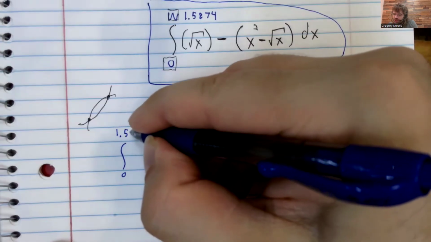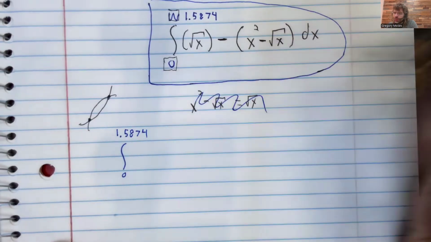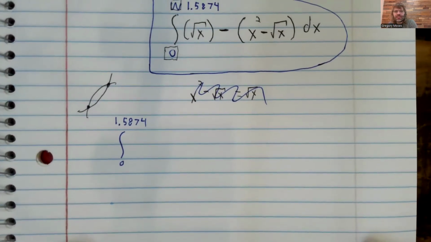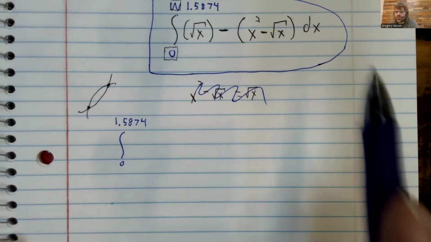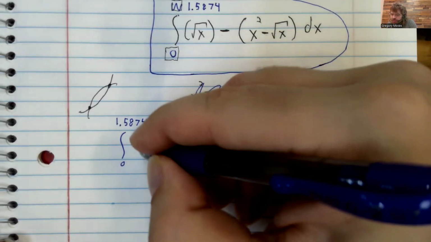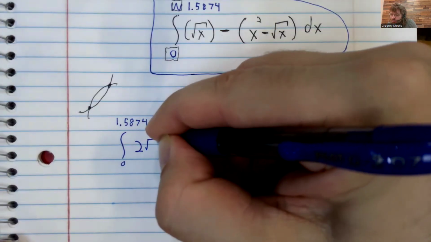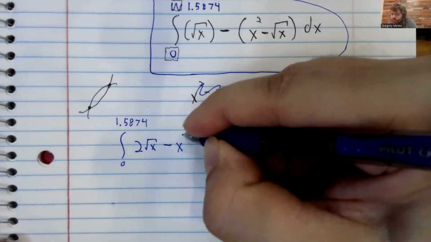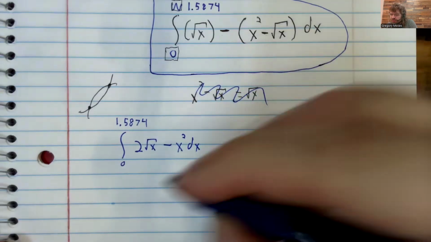I feel like we've done the part I really care about, but let's fight this through to the end. The square root of x minus the negative square root of x is going to give us 2 the square root of x minus x squared dx.